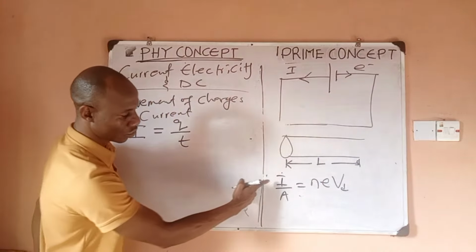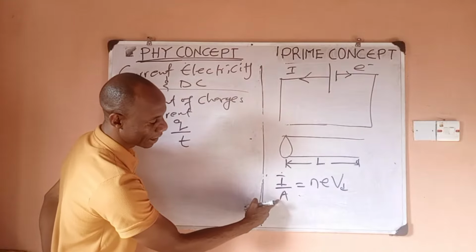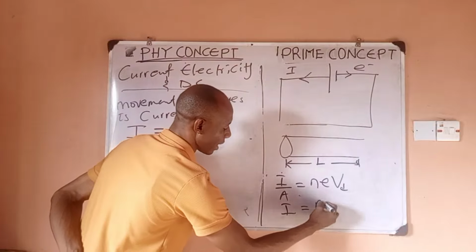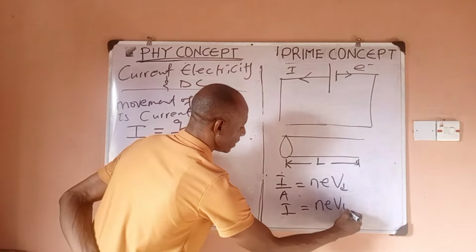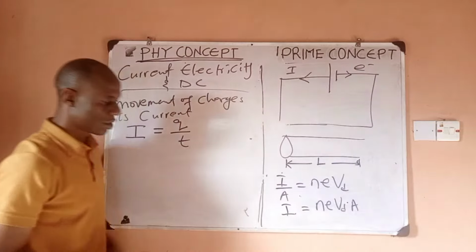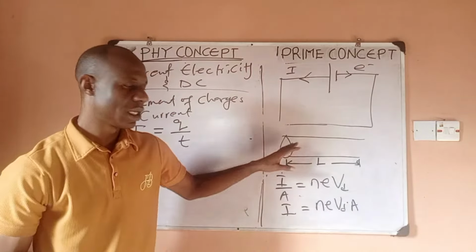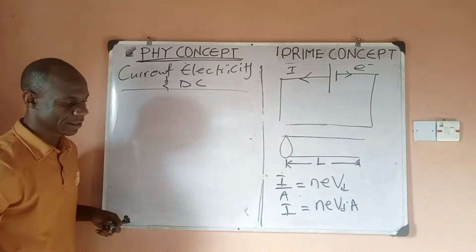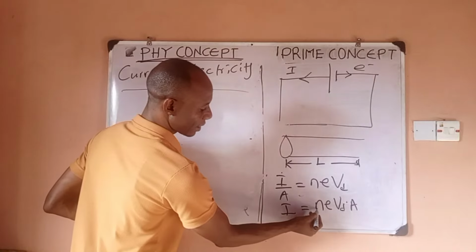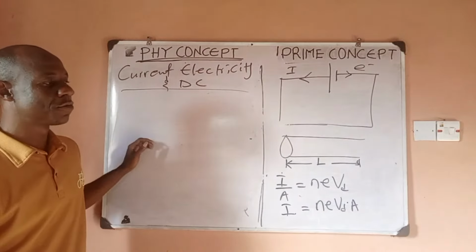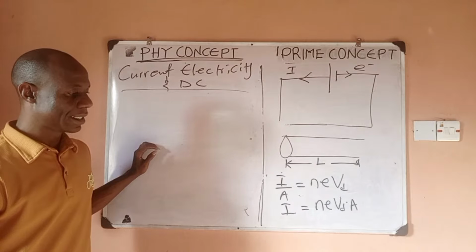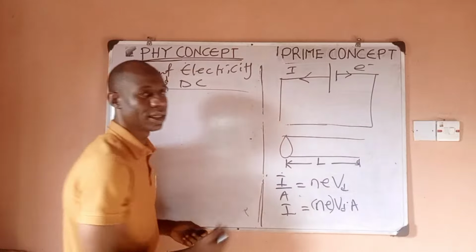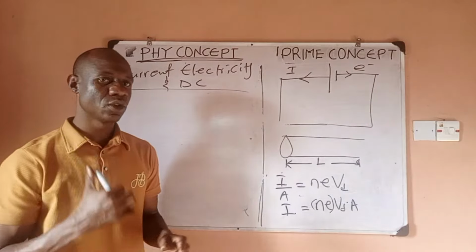If I make I the subject, I is equal to NE VD times area. So this is the current that would flow through a wire of length L, where N is actually the volume density. So it means that this quantity NE, the unit, remember the unit of charge is what?